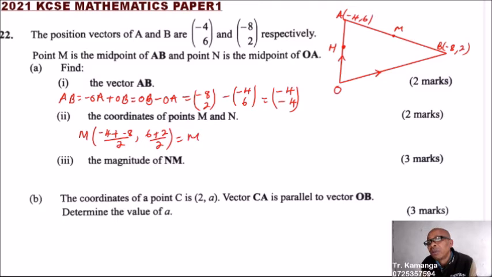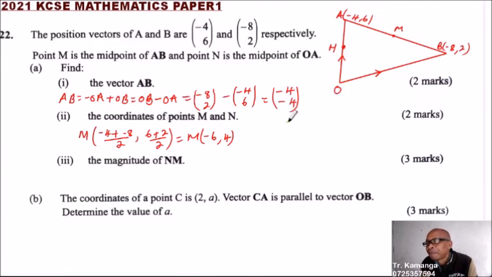This is -12 divided by 2, that is -6, and 8 divided by 2, you get 4. So these are the coordinates of M. That is the simplest way you can get the coordinates of M.